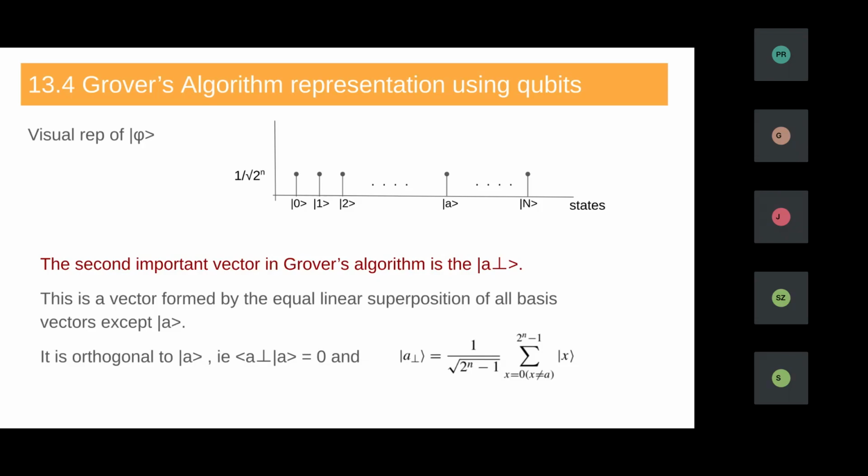So if you say that A is in a vector space, a Hilbert space, and in the vector space we have multiple qubits, then each of the qubits we are representing in terms of ket A and not being ket A. If it is not ket A, then it is one of those N minus 1, which is orthonormal.